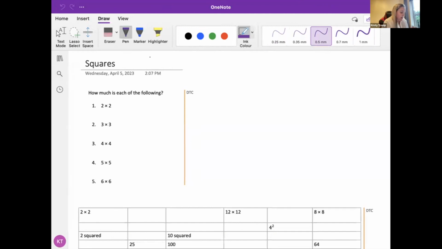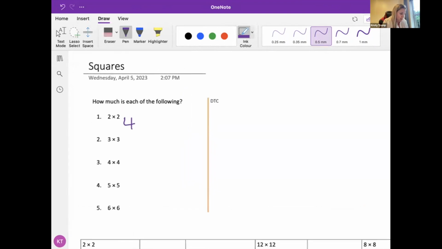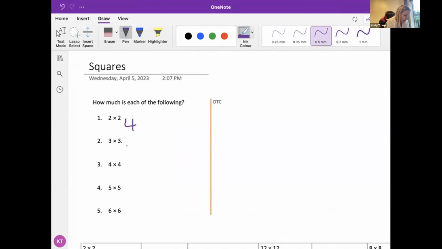Okay, cool. All right, so 2 times 2 is 4. Awesome. 3 times 3, we know that's nice basic maths. We've done that before, everybody. 3 times 3 is definitely 9. And we're wanting to put some equal signs in here, so let's do that as well. 4 times 4, everybody knows 4 times 4 is 16.